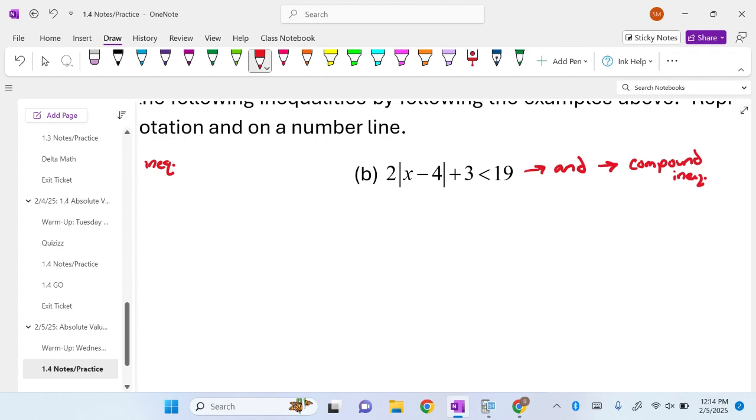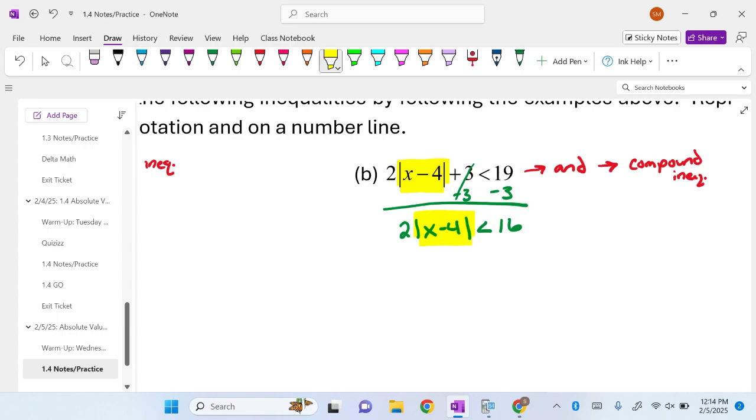But before I can separate the two, I need to get this absolute value symbol by itself on one side. So what's the first thing I need to do to isolate the absolute value symbol? We add 3 to both sides. So 2 absolute value of x minus 4 is less than 16. And my absolute value symbol is still not isolated because I have that 2 on the outside.